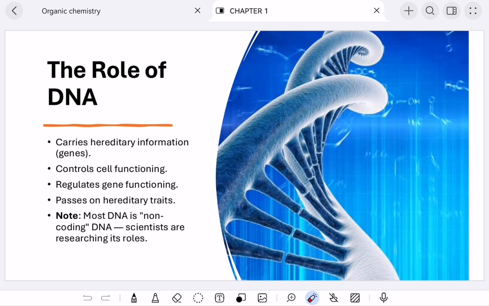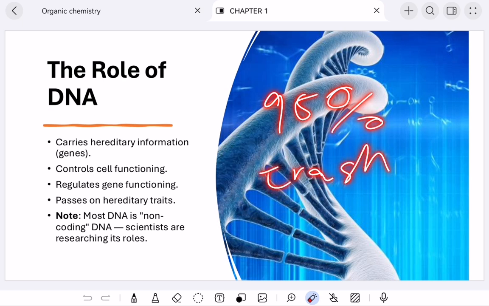And you must note that most DNA is unused, and scientists are still searching for the role of DNA. I think last year in my biology lecture, they said that 95% of DNA is junk DNA.